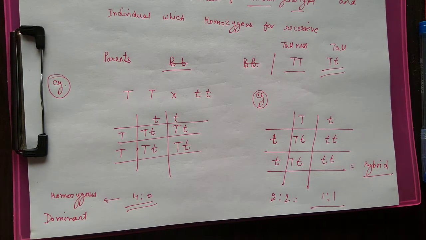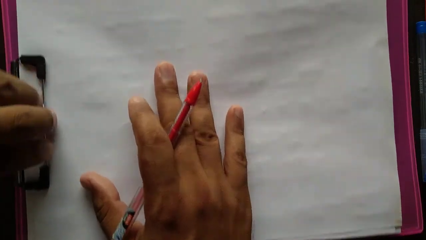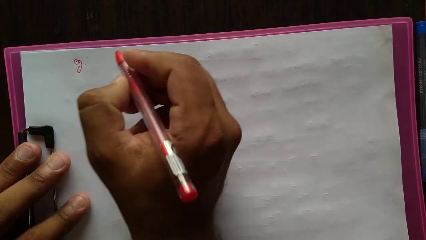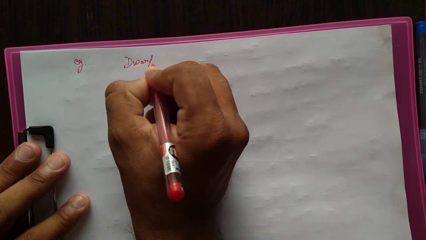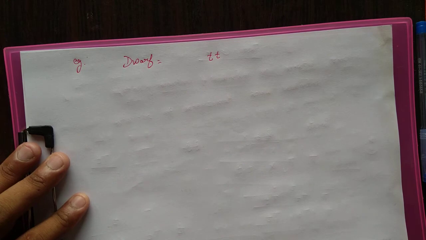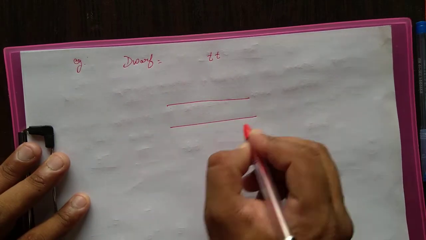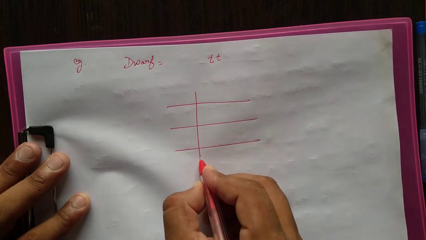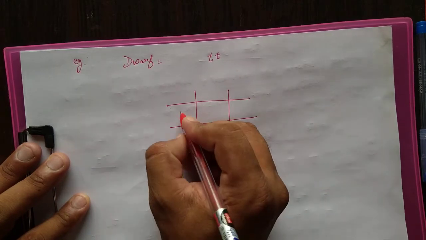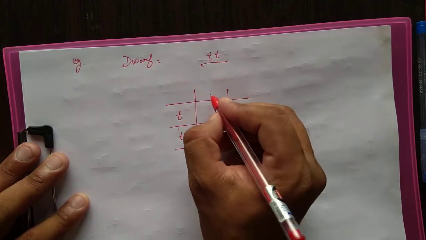Or if we take the unknown genotype in the third example, the third character is dwarf, which is a recessive trait, small t. We will cross it by the rule of the test cross, the recessive trait with the dwarf, the third case.